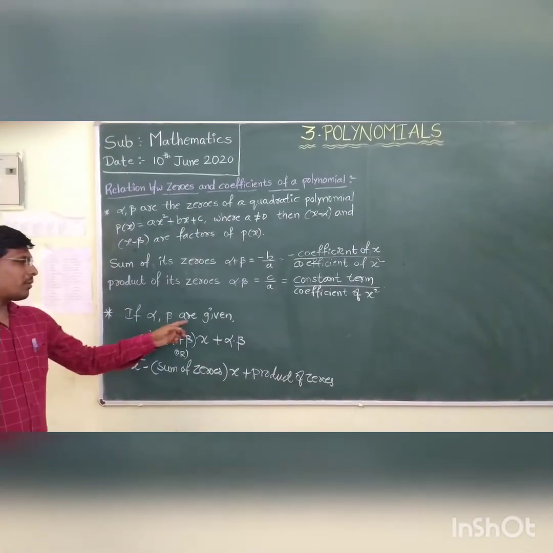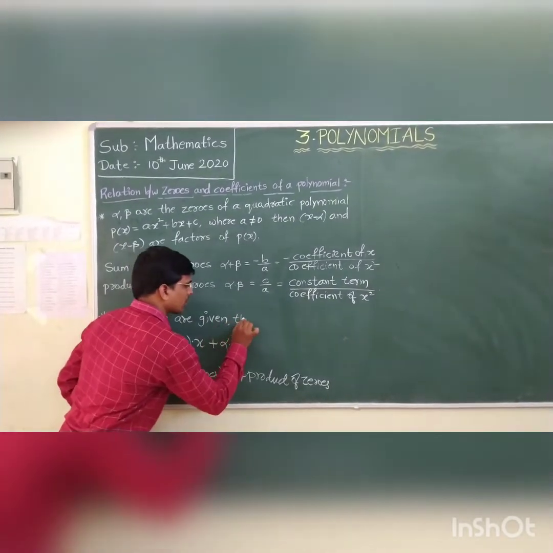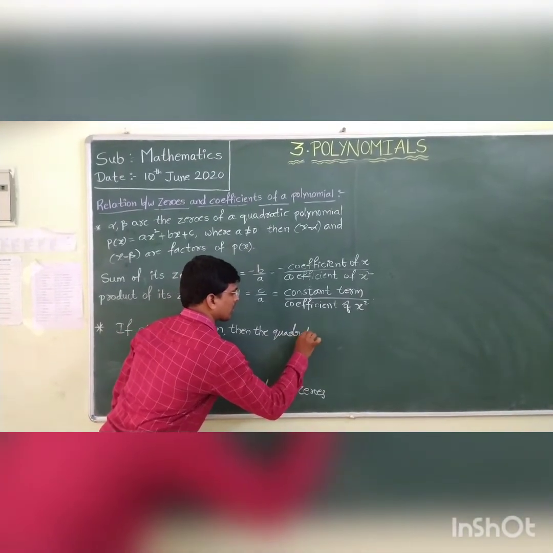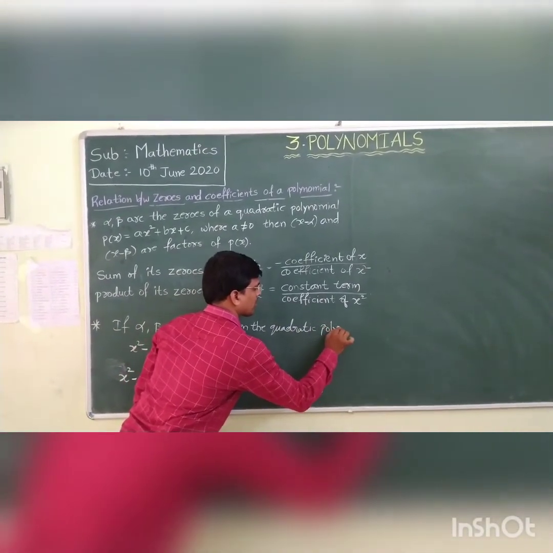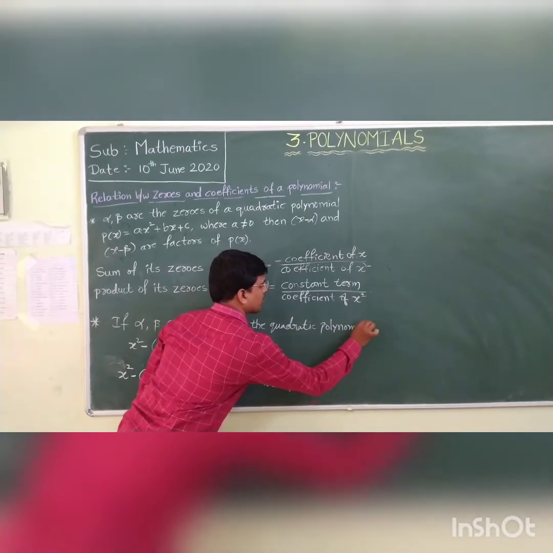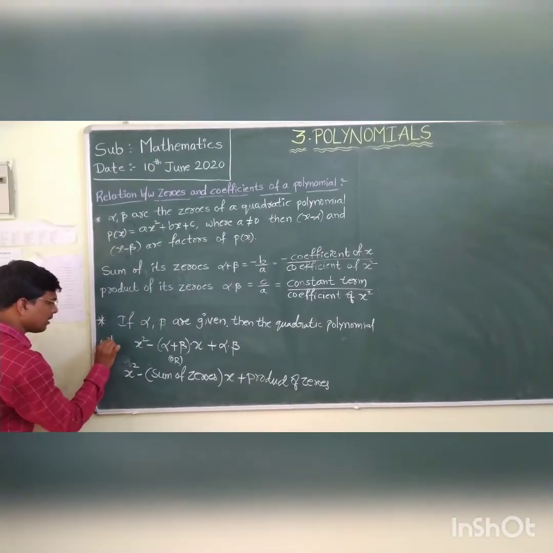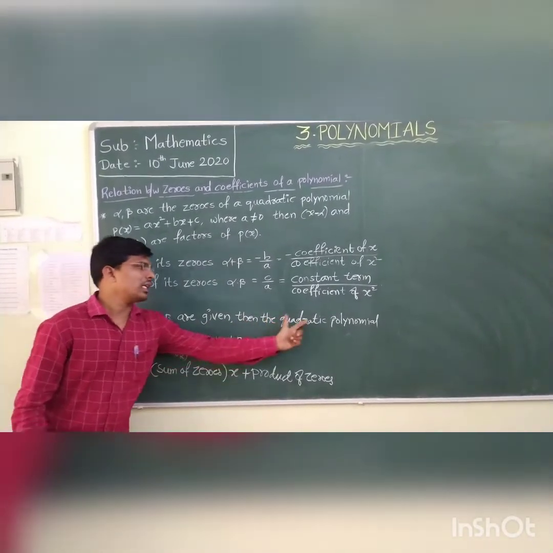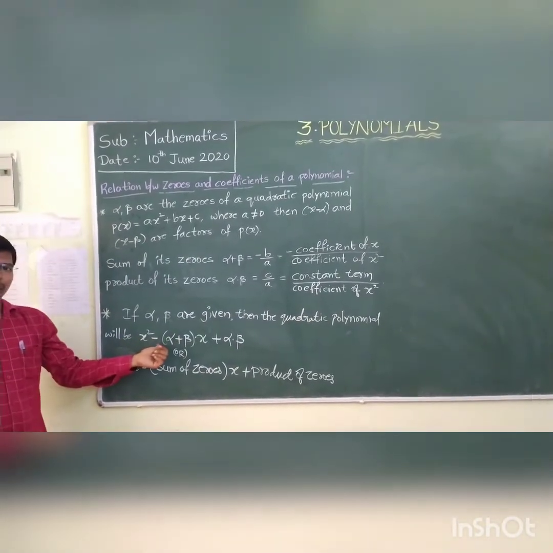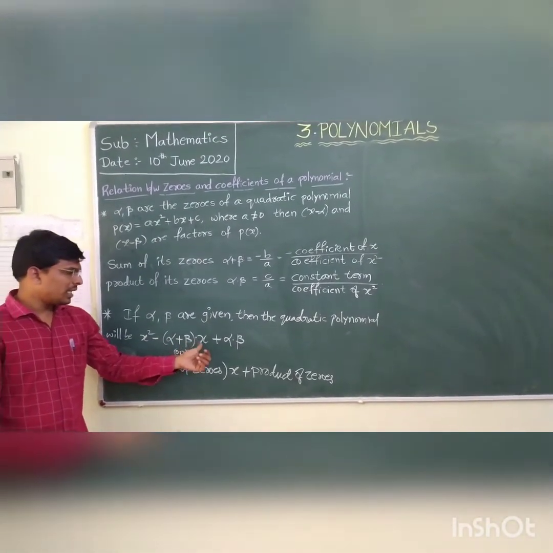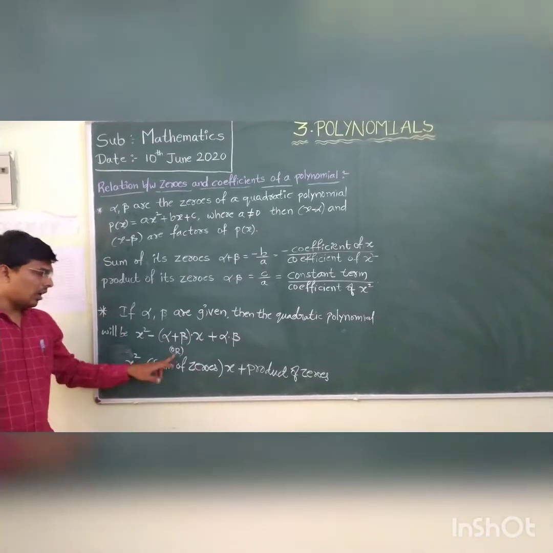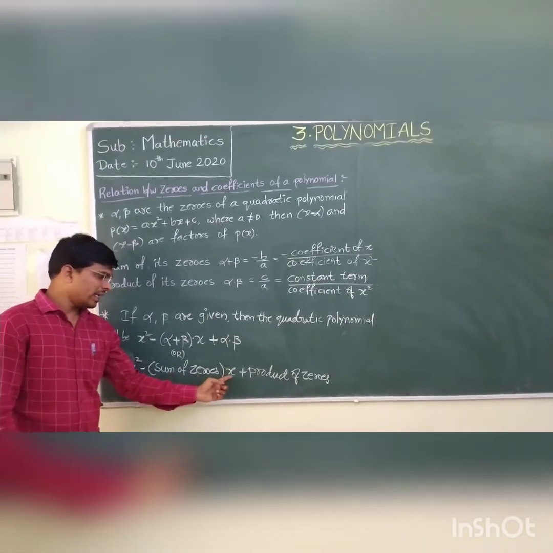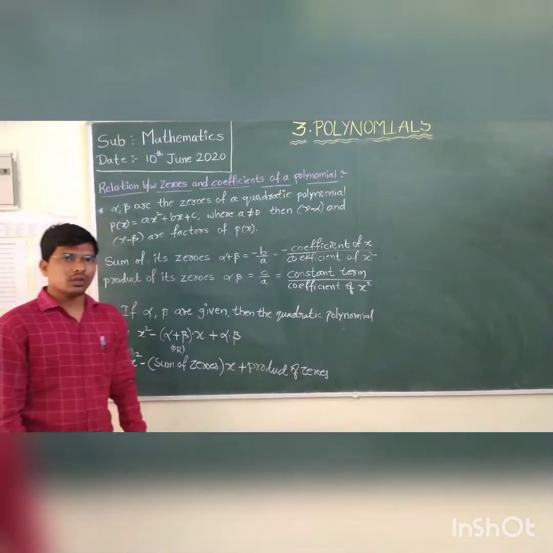If alpha comma beta are given, then the quadratic polynomial will be in the form of x square minus alpha plus beta into x plus alpha into beta, or otherwise we can write x square minus sum of its zeros into x plus product of its zeros.